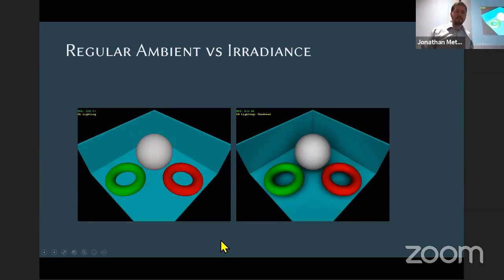So here's the classic way of doing ambient lighting in computer graphics. What do you think the easiest approach to doing ambient lighting in classic computer graphics is? Simplest approach. What do you think is the simplest approach to doing ambient lighting?